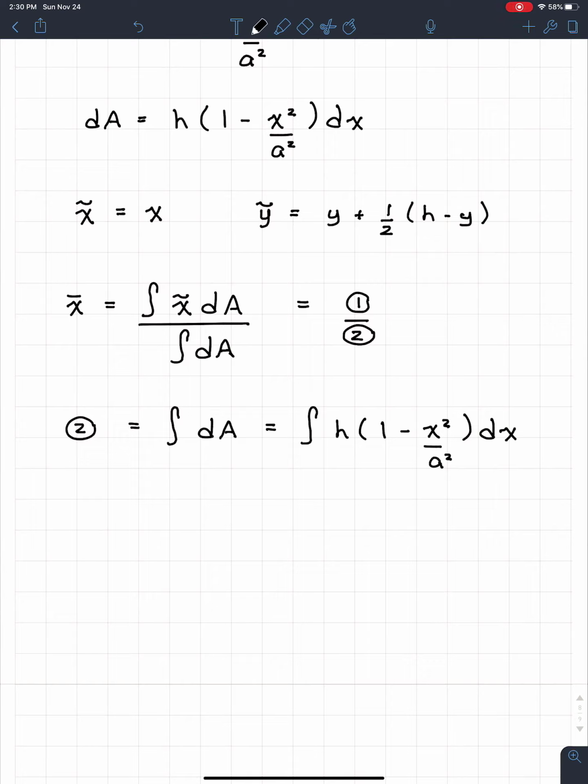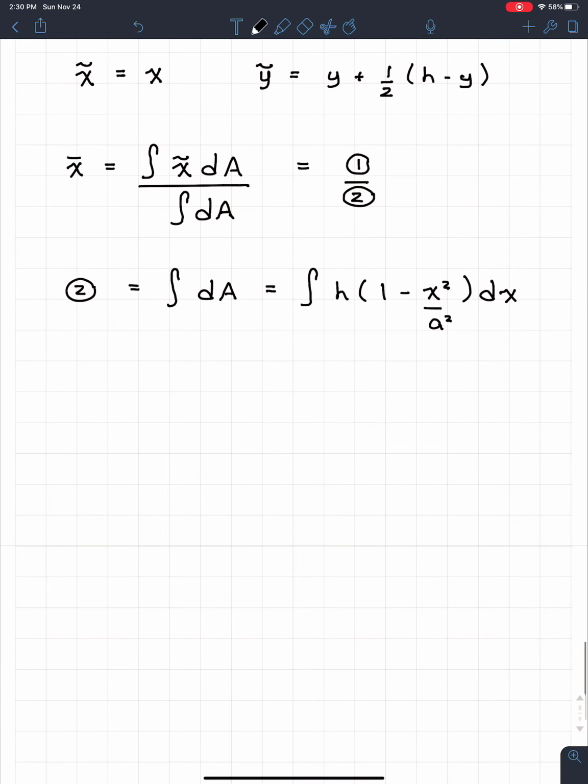If you guys know little tricks, like right here, there's actually a very significant trick that you guys will learn later. But if you guys don't want to do that, you want to have your own way, perfectly fine. Whatever way you guys are comfortable with, I'm just showing you guys my way. I'm not great at integrating, so I try to find the simplest way.